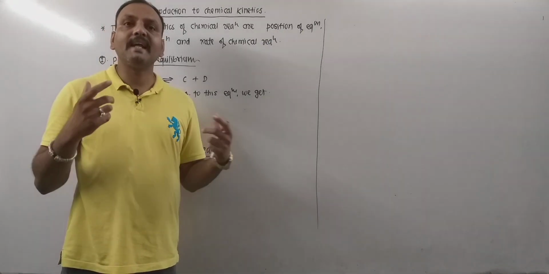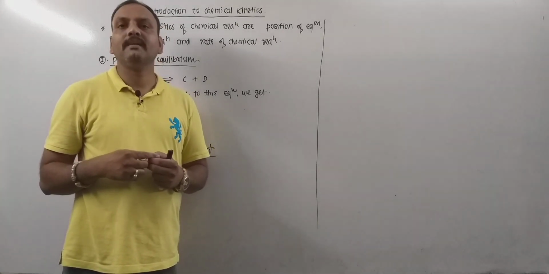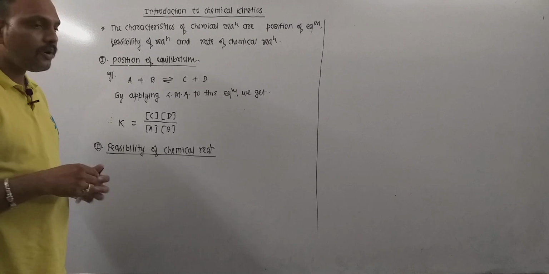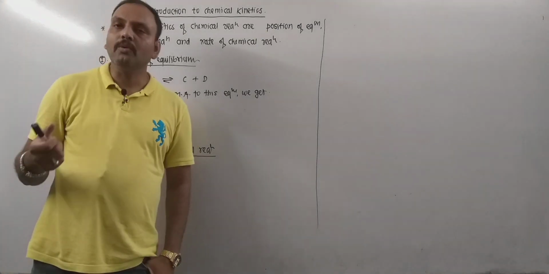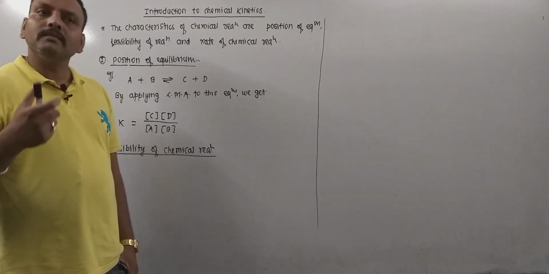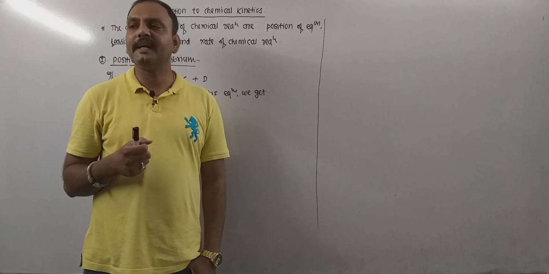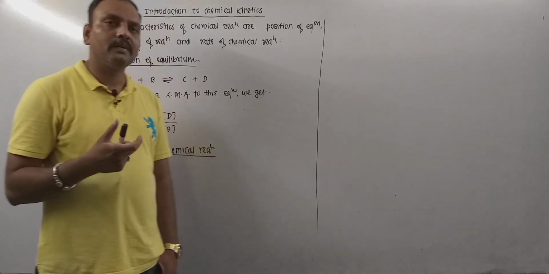And remember, the answer to this question is given by thermodynamics. So if you are willing to conduct any reaction, then a great question should arise whether the reaction will take place on its own or not.